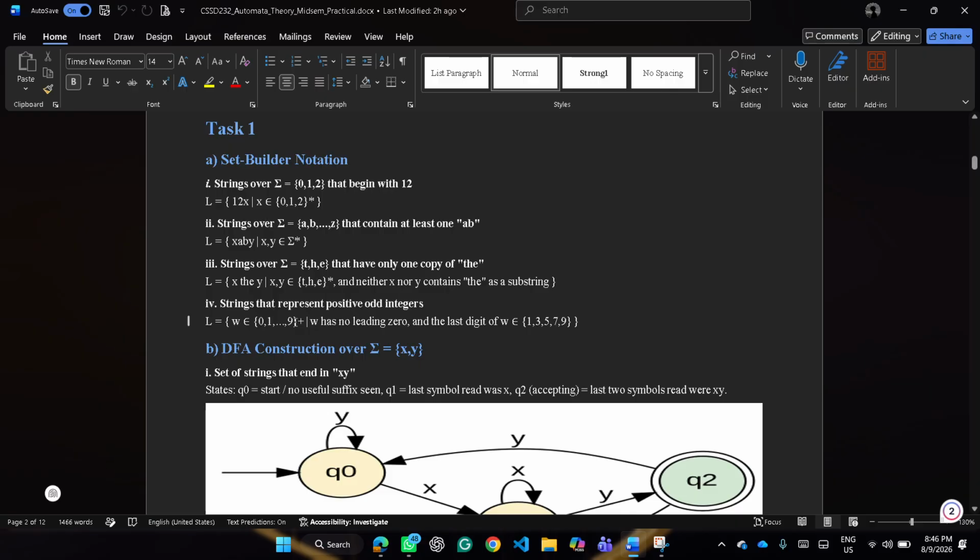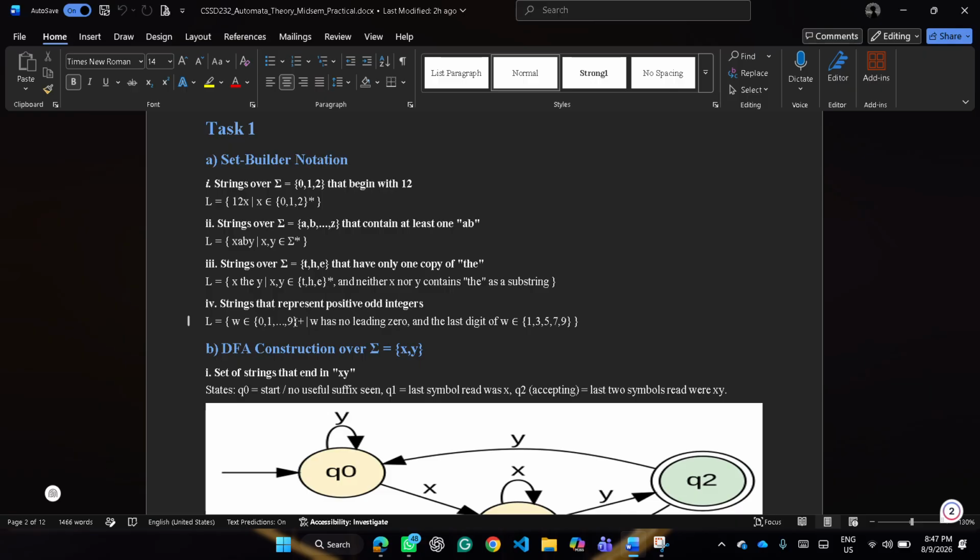The next part is strings over the alphabet containing THE with only one copy of THE. This one is tricky because it doesn't just contain THE, it contains exactly one occurrence.